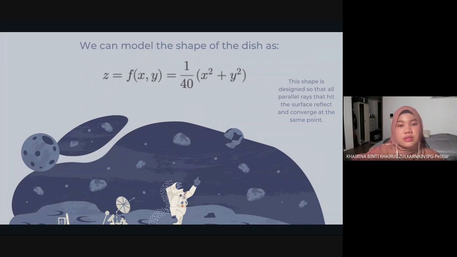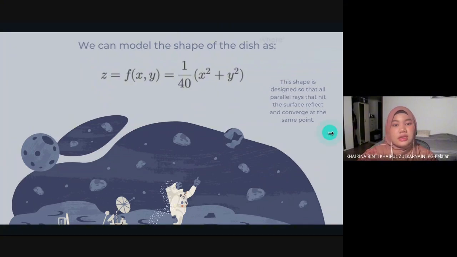This shape is designed so that all parallel rays that hit the parabolic surface converge at the same point. This ideal shape is a paraboloid, which is a surface generated by rotating a parabola around its axis. Why this shape?